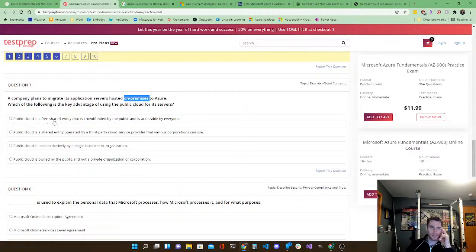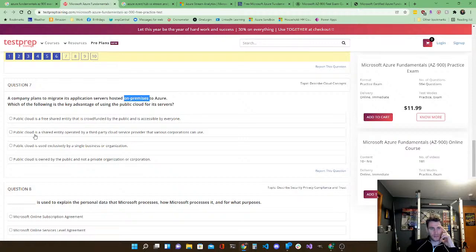Okay, so public cloud is a free shared entity. It's not free. That is crowd-funded by the public and accessible to everyone. That's definitely not right, and it really sounds more like open source software, which isn't necessarily free.